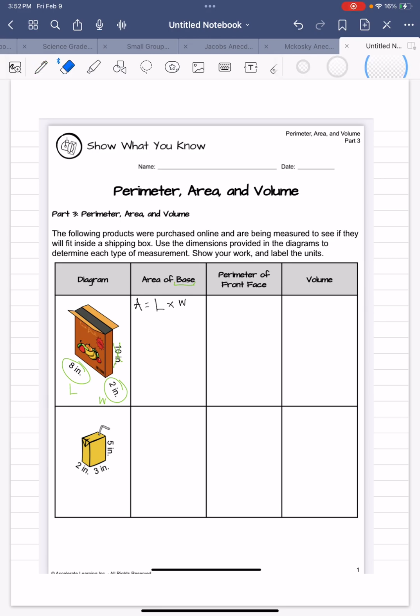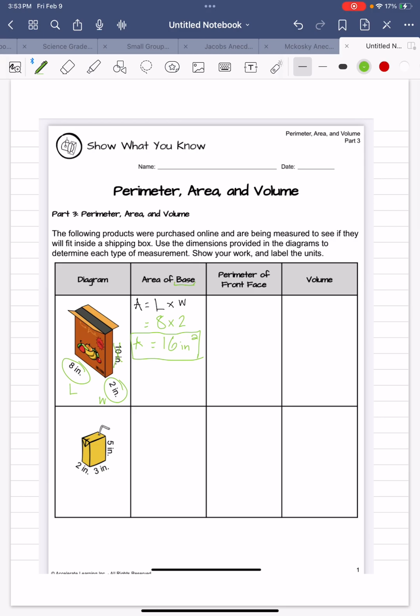I'm going to plug in my 8 for my L, and I'm going to plug in my 2 for my W. And all I'm going to do is 8 times 2, which I know is 16. And that is going to be my area of the base. But I need to make sure I'm using proper units. So it's going to be in inches squared, since area is always in square units. So my area of my base is 16 inches squared.